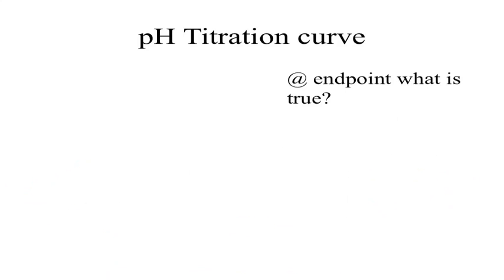This has lots of information on it. At the end point of our titration, so right where our curve spikes, what can you tell me is true about that point? We just talked about a couple of things. It doesn't necessarily have to be neutral.